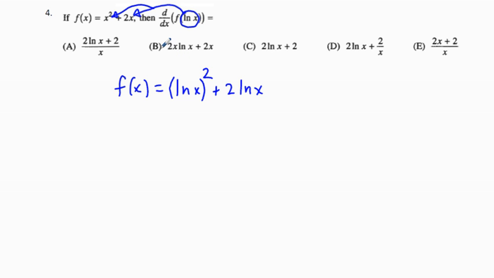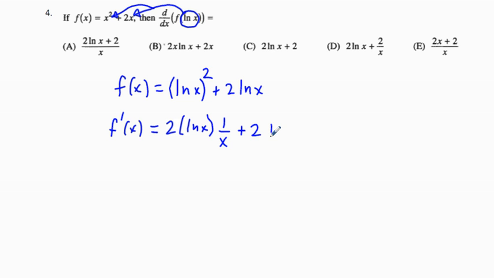And so we're trying to find d dx of that, and so that's going to be like f prime of this. So using the chain rule, we're going to have 2 ln x times the derivative of the inside. Well, the derivative of ln x is going to be 1 over x. And then we have plus 2 times the derivative of ln x.